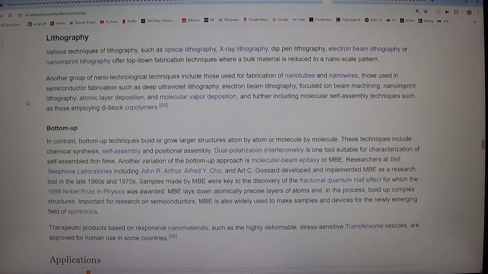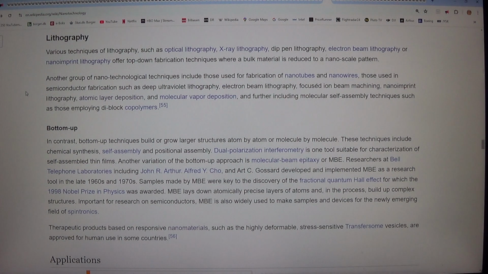Another group of nanotechnological techniques include those used for fabrication of nanotubes and nanowires, those used in semiconductor fabrication such as deep ultraviolet lithography, electron beam lithography, focused ion beam machining, nanoimprint lithography, atomic layer deposition, and molecular vapor deposition, and further including molecular self-assembly techniques such as those employing diblock copolymers.